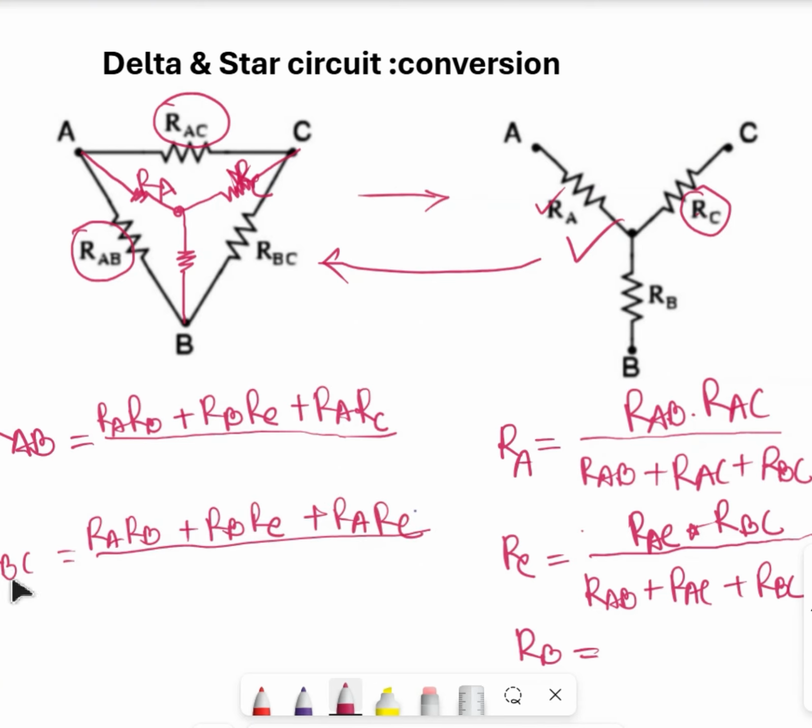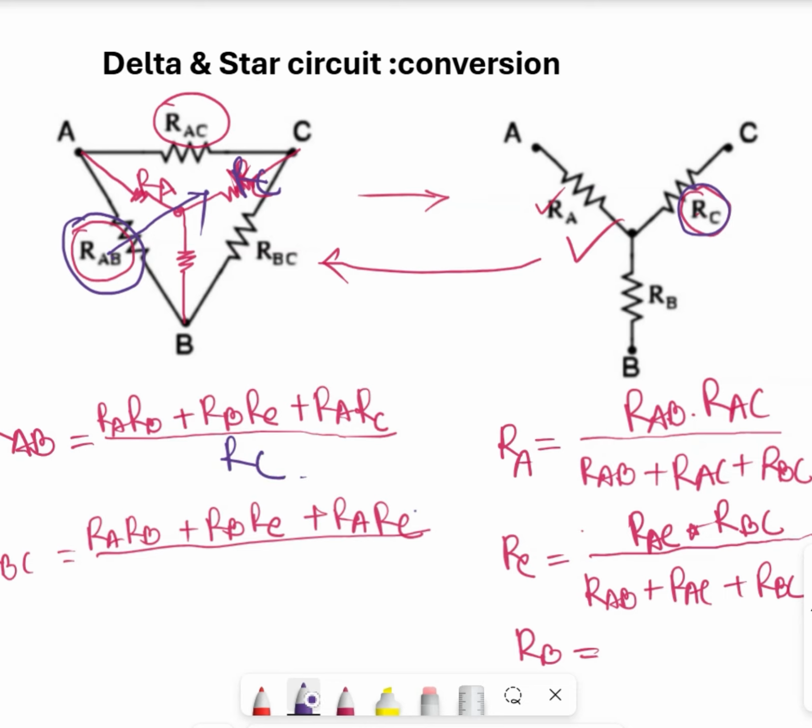Now we write down the denominator for RAB. Where is RAB? RAB is this one. From RAB, which resistor can we find opposite? RC. So we write down RC here.